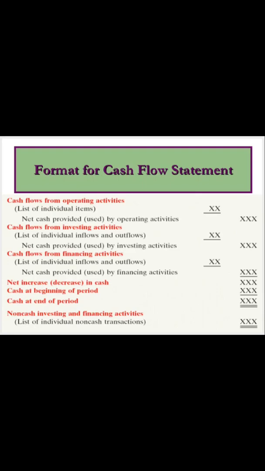Adding the opening cash plus the net increase or decrease in cash gives the cash at the end of the period, or we may say the closing balance of the cash. In fact, opening and closing balance we already know at the beginning of the question only, so we can easily match whether we have done our question correctly or not.